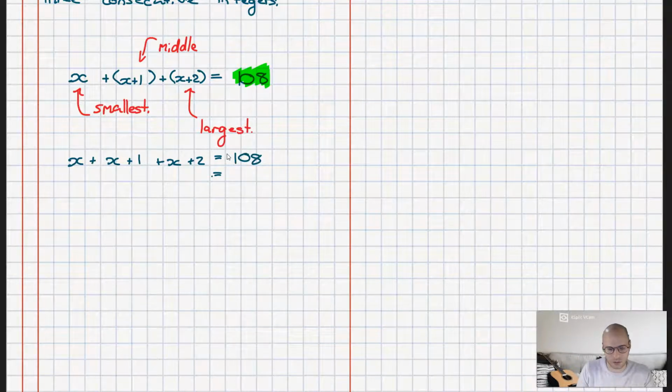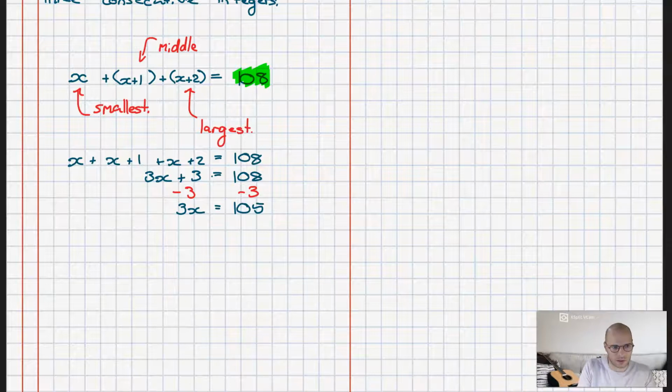Next step is we need to collect like terms on the left hand side. So x plus x plus x is 3x plus 3, still 108. And then we need to move our constant to the right. So take 3 from both sides. That will yield 3x, and then that will be 105.